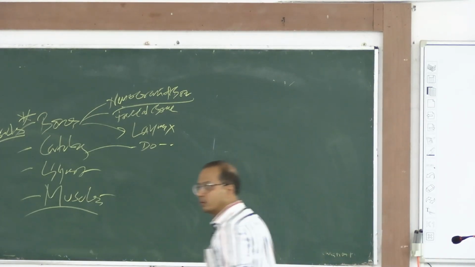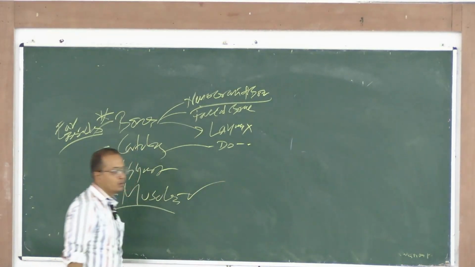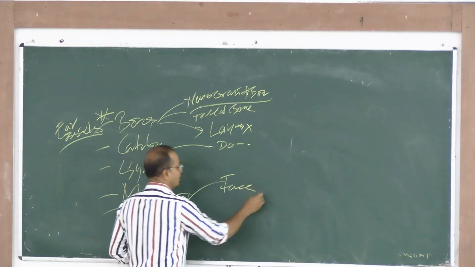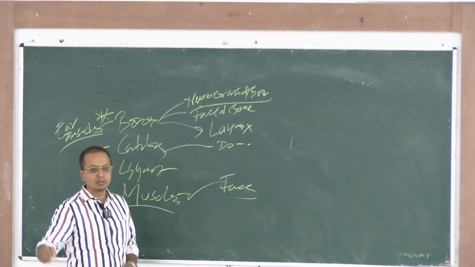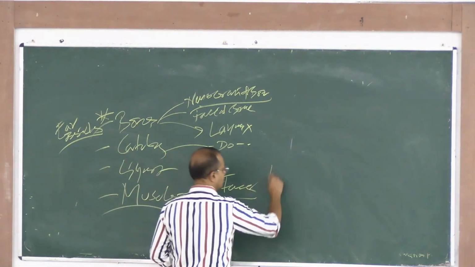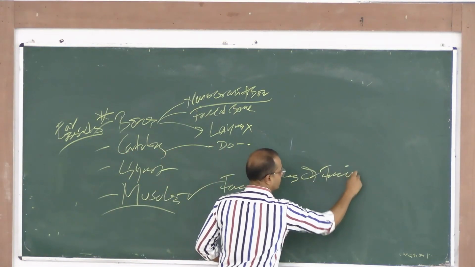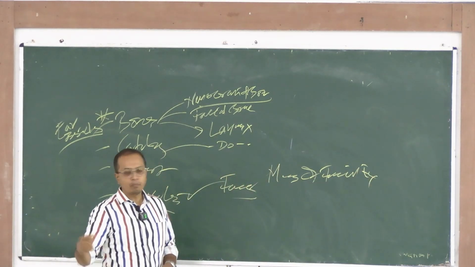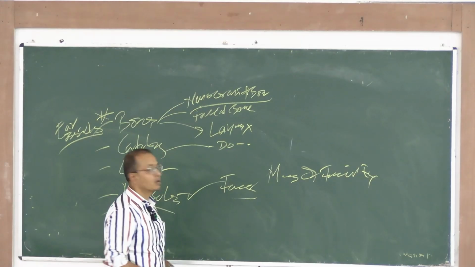Now coming to the muscles, in this region we have muscles related to the face. In the face region, we divide the muscles broadly into two groups. We call them muscles of facial expression. That means whatever grief, sorrow, pain we have, these muscles make visible for us.